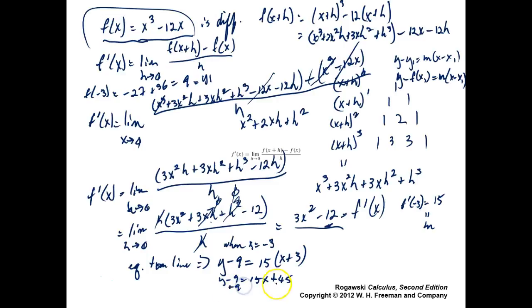Add 9 to both sides. Okay, so you get y is equal to 15x plus 54. Let's see how they did. Yes, they got it right. Good for them. Aren't you proud of them? Okay.